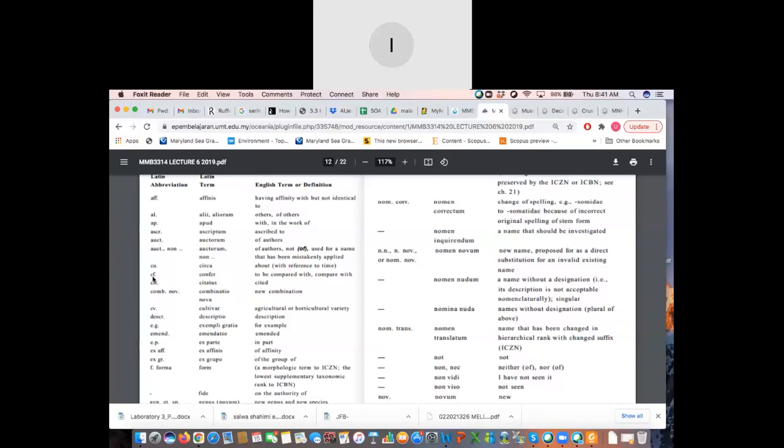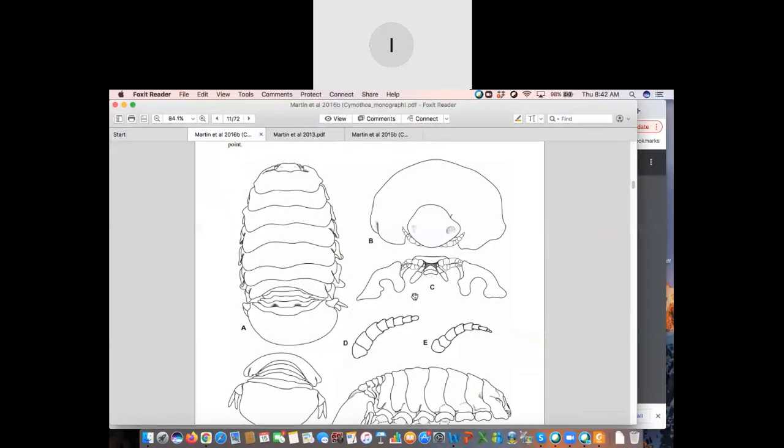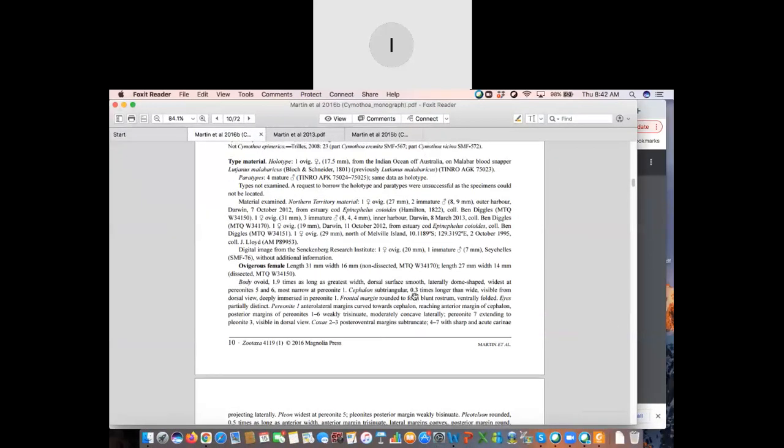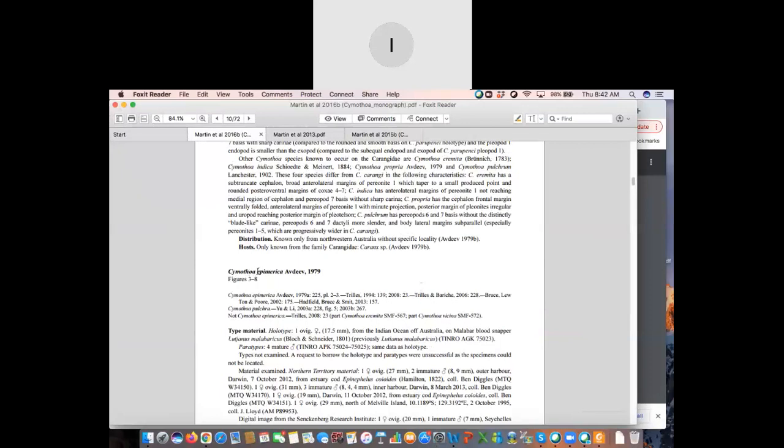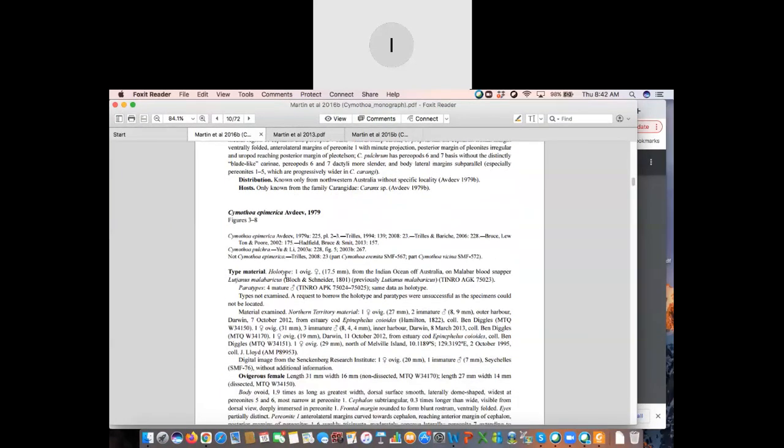common, meaning that in between the genus and the species name, you will find CF. So CF is where the description is to be compared with, meaning that if I were to say, for example, I had the word Cymatoa CF epimerica, it means that the species looks like epimerica, but you're not sure of the status of it.